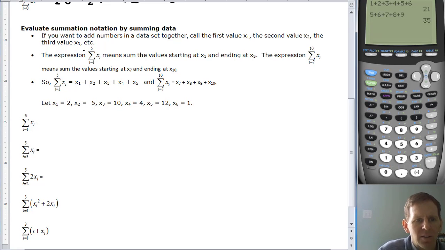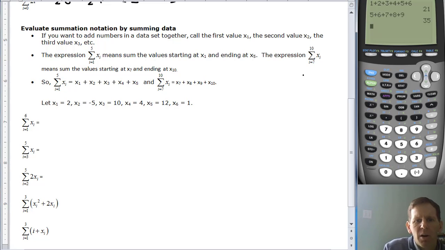The third value, x sub 3, etc. This expression, we have a 5 on the top, i equals 1 on the bottom, x sub i as your little expression, means we're going to sum the values starting at x sub 1, plug in 1 for i, and we're going to end at x sub 5.